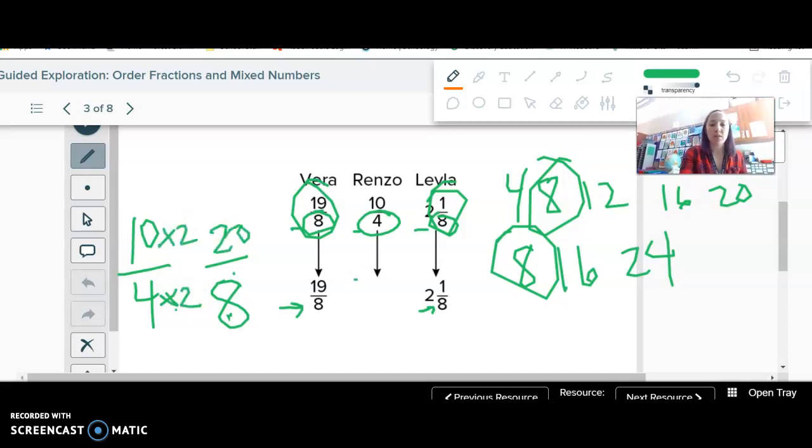So 10/4 is equal to 20/8. So we can already tell this one is going to be bigger than 19/8, because 20/8 is more than 19/8. If the pieces are different sizes, like one's 4ths and one's 8ths, it's harder to compare them. That's why we want to make them have the same denominator.